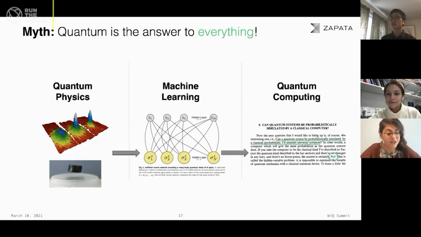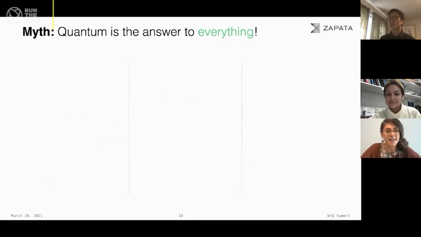I found that really interesting, and so that's why I decided to go into quantum computing. And so as you can see here, there's quantum physics, there's machine learning, and there's quantum computing, and everything kind of blended together, and then led me to join Zapata.